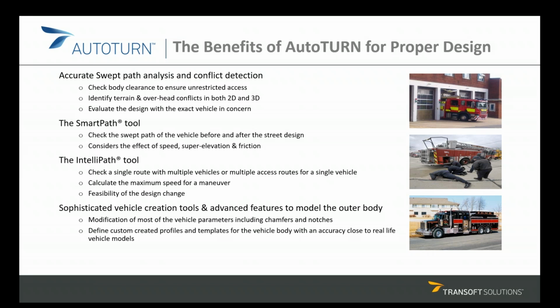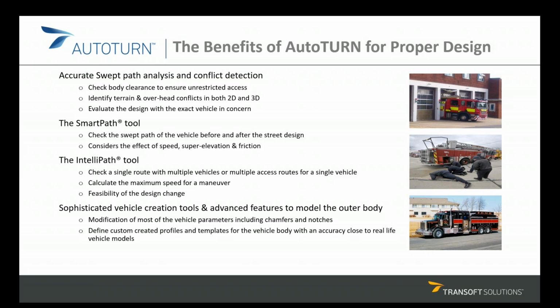The SmartPath tools in AutoTURN help us check the swept path of a vehicle before and after street design modifications are adopted, like traffic circles, roundabouts, traffic calming techniques, etc. It also considers the effect of speed, superelevation, and friction acting on the vehicle.